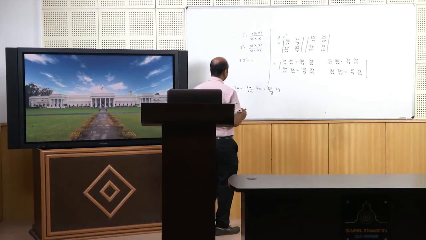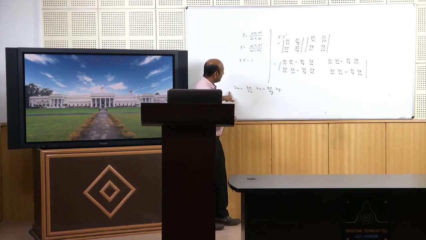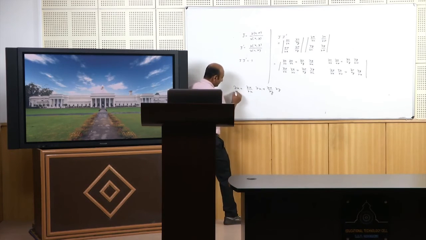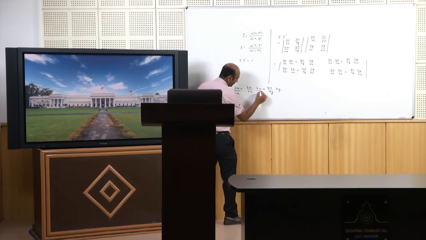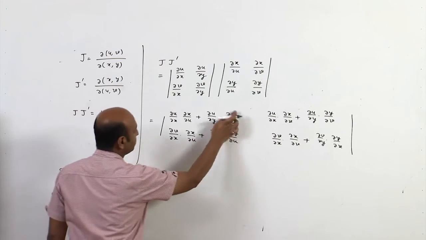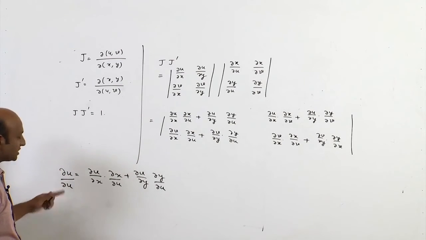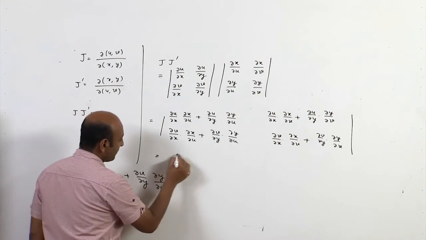We can easily write this expression. Now, we divide the entire expression by del u. When you divide the entire expression by del u, so we obtain this term, and this upon this is 1. So, the first term is 1.